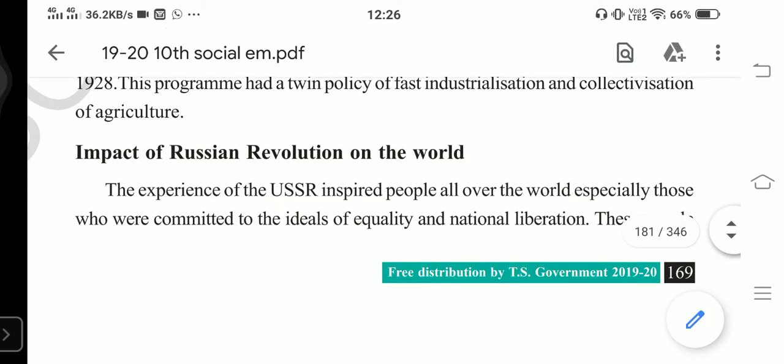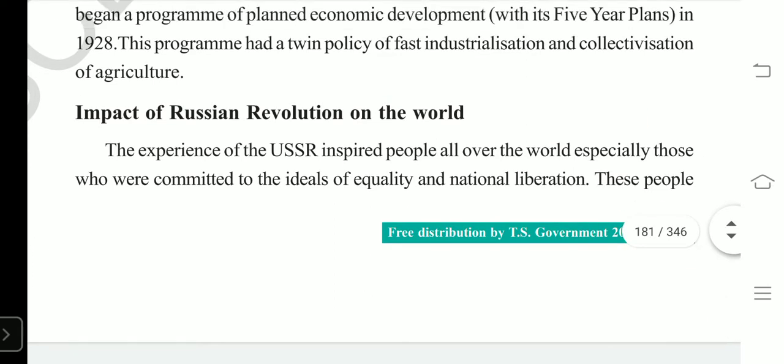Throughout the world, many countries were inspired by the USSR, the Union of Soviet Socialist Republics, or Soviet Union.